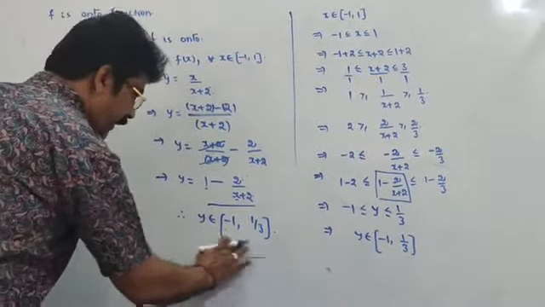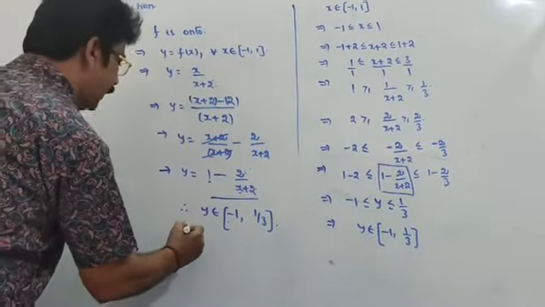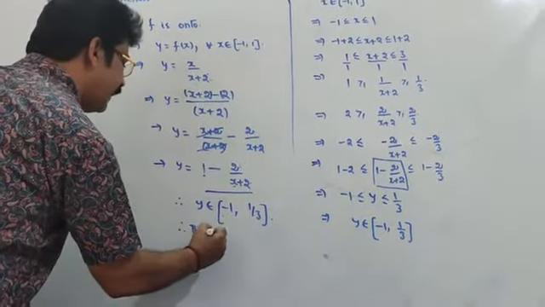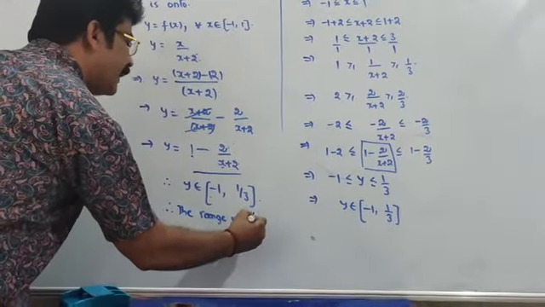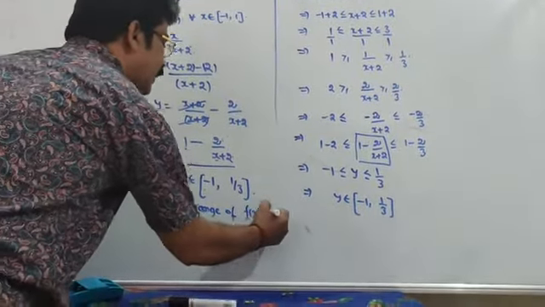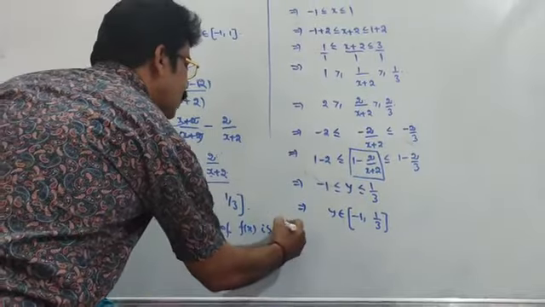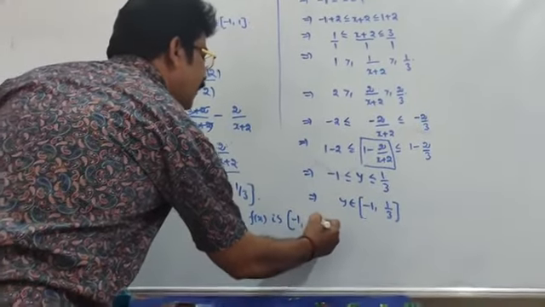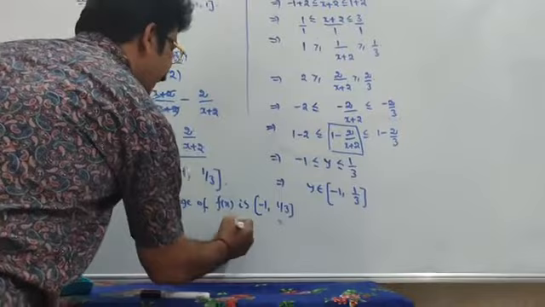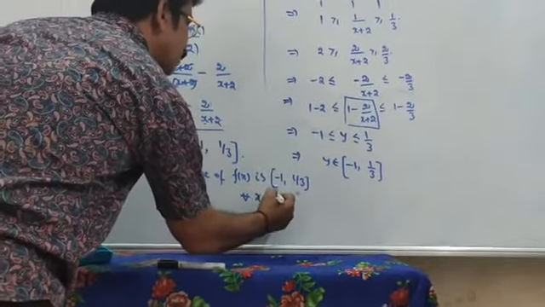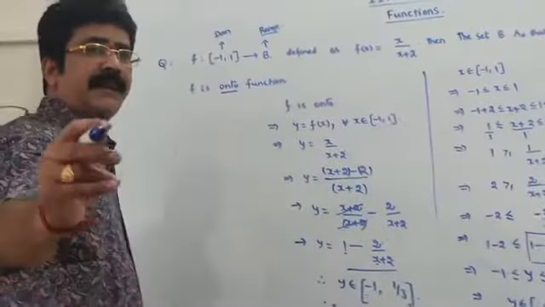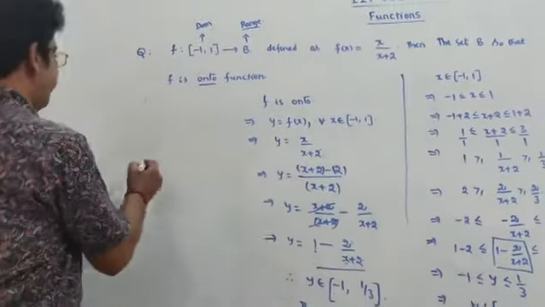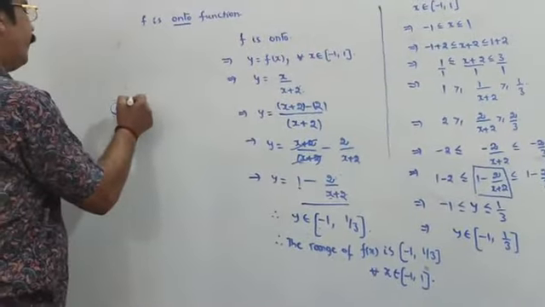So therefore the range of f of x is the closed interval of minus 1 comma 1 by 3 for all x belongs to the closed interval of minus 1 comma plus 1. So its complete meaning is, look at the board.